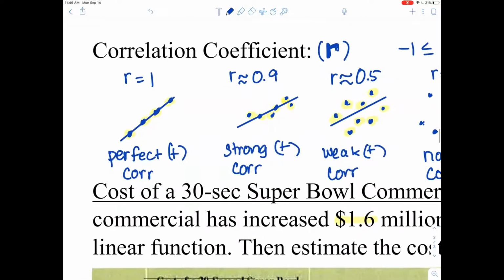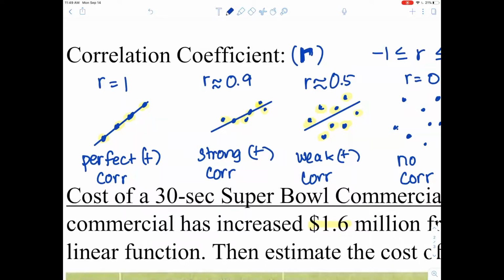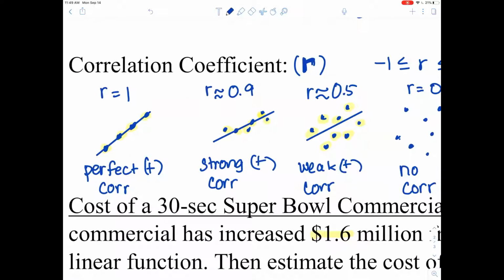So if your correlation coefficient is 1, that means that all of your points fit perfectly on your line of best fit, and as you move right, the graph moves up. So it has a positive slope, and it's a positive correlation. As the input goes up, the output goes up. Okay, you have a strong positive correlation if your correlation coefficient is around 0.9.